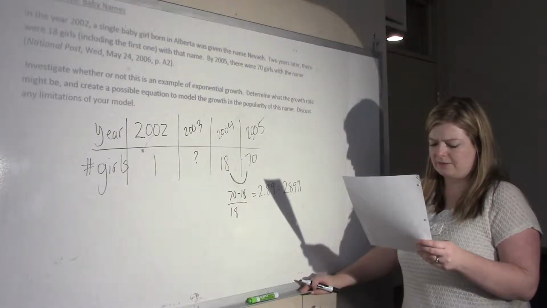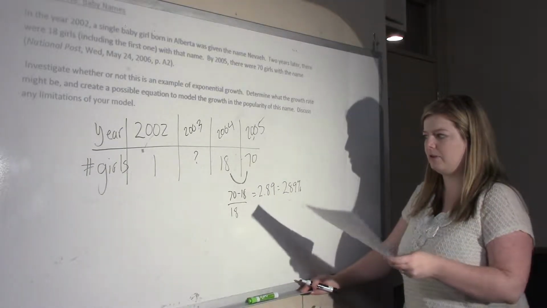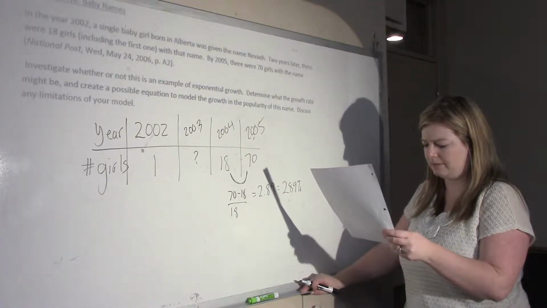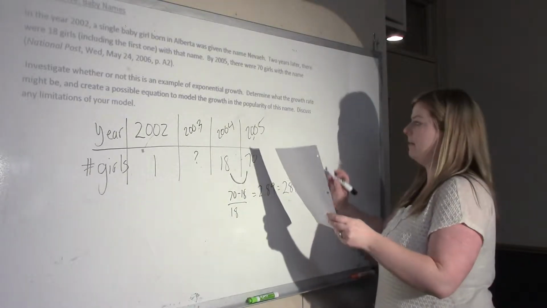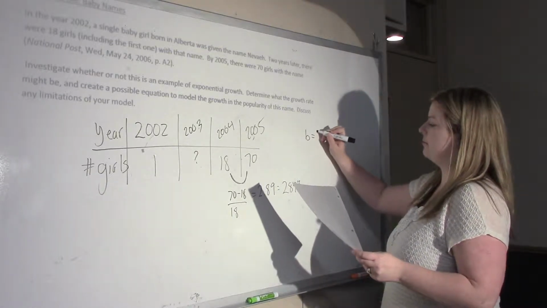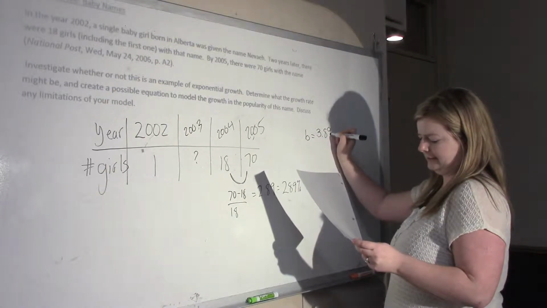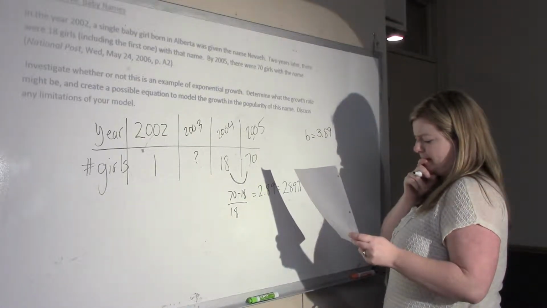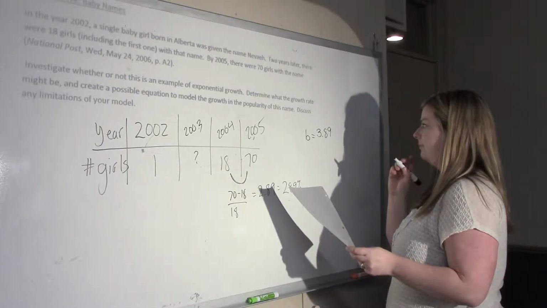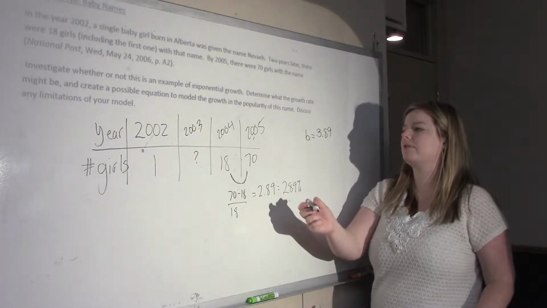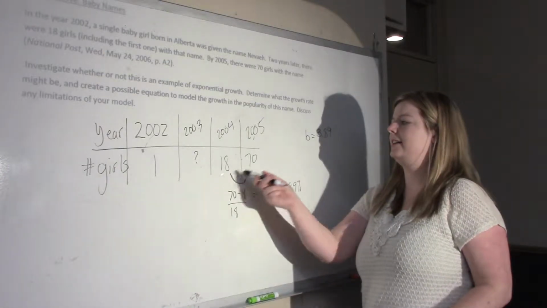All right, so that's interesting. So if we apply it to the first, if you look there, you get 289%. So remember that. So that would mean our b value then would be 3.89. But if you try that, it doesn't really work that great because it doesn't really fit the data completely.